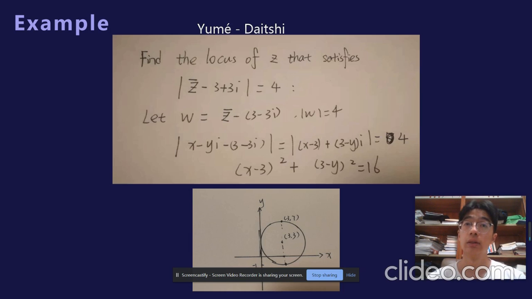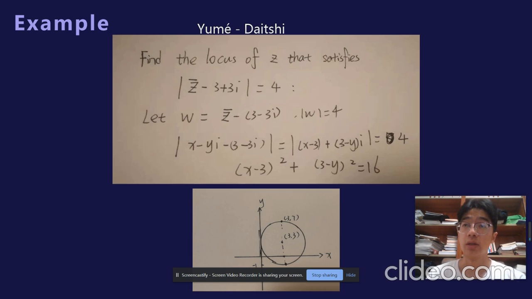So we get the absolute value of x minus yi minus the bracket 3 minus 3i, and we transfer it to the normal form, which is the a plus bi form. The real part becomes x minus 3, and the imaginary part becomes 3 minus y, and it equals 4 finally.